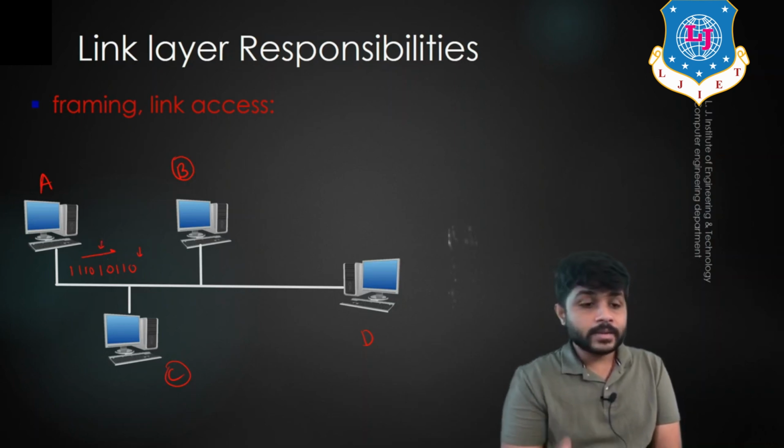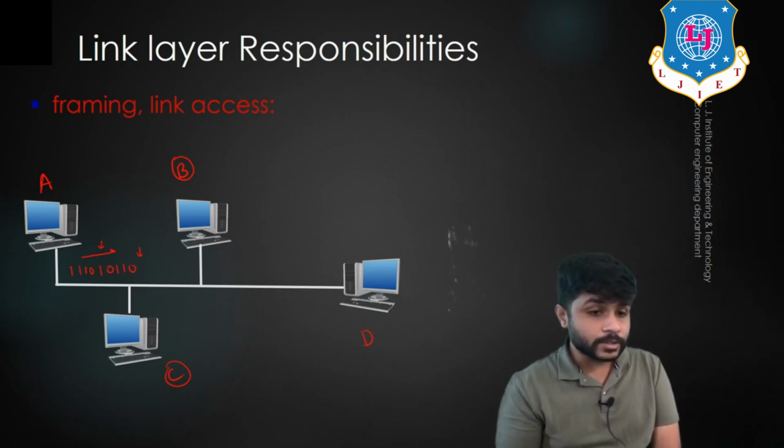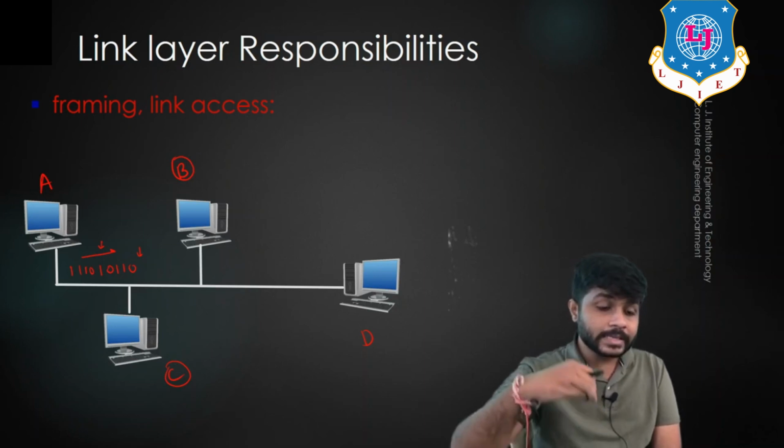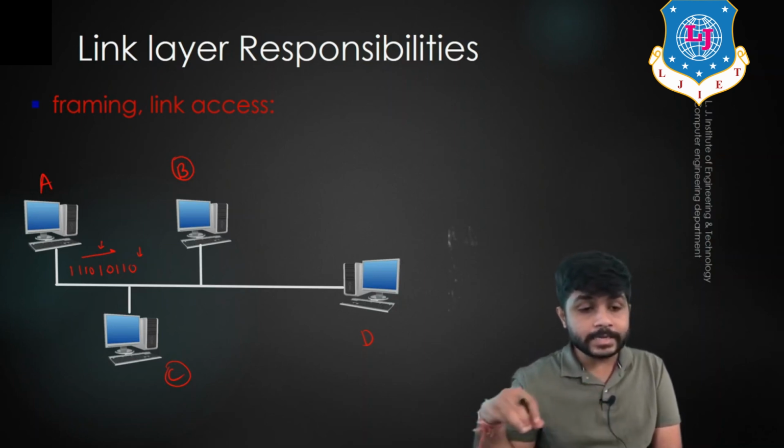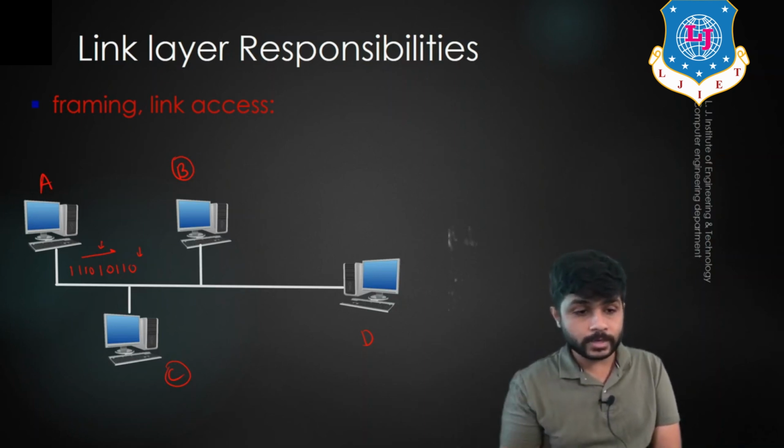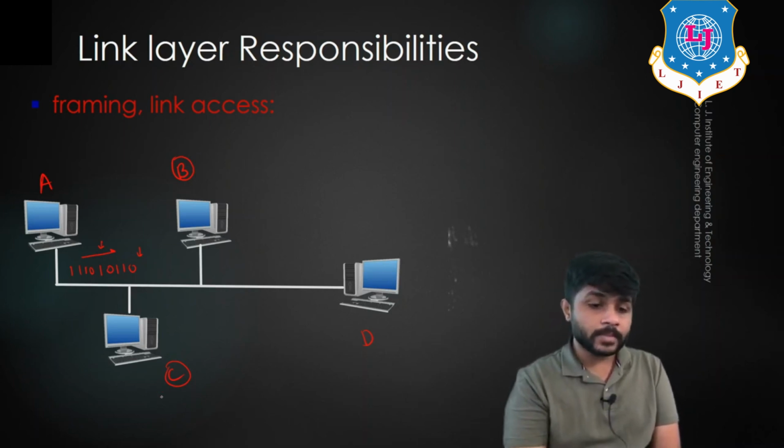Are you getting it? Device B is getting confused. Device B is not able to understand where it has to start receiving the data and where it has to stop. The same problem is present for device C too.